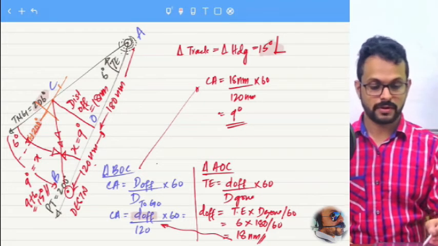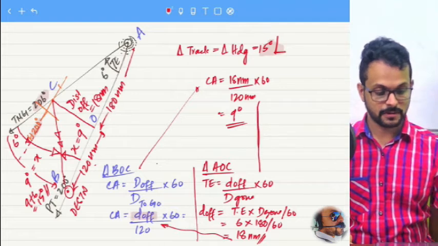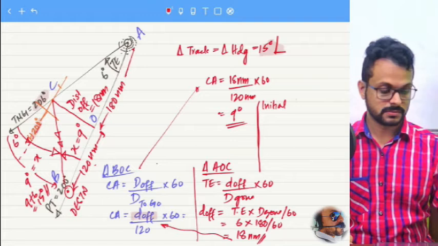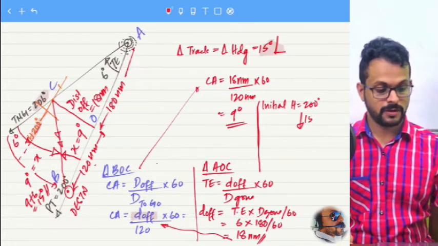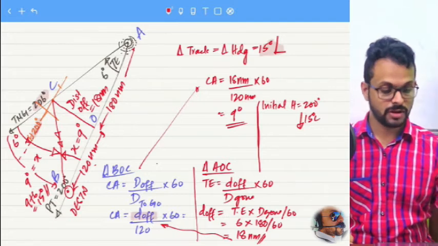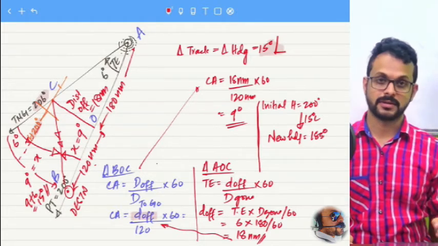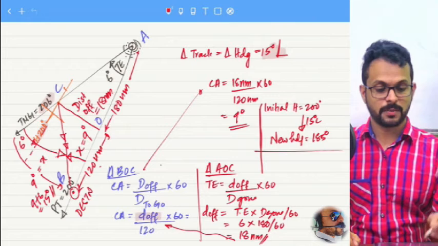All right, perfect. Now, having that understanding, your initial heading is 200 degrees, and with 15 degrees left heading change, your new heading to destination will be 185 degrees magnetic. Okay, let's now think about the track.